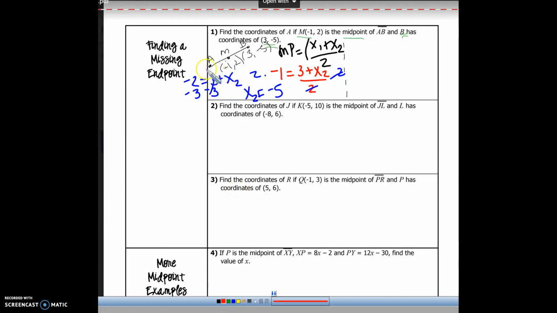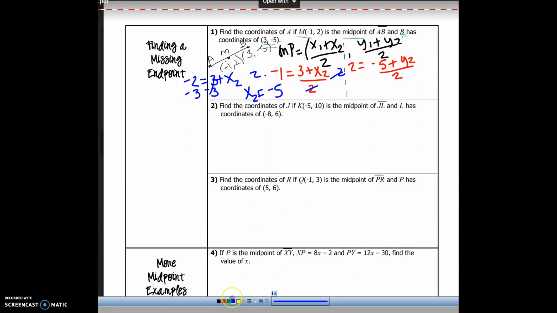I have an x value of a coordinate and I have a y value. I need to find that y value now. So the y value here, we're going to use the same thing, the second part of the formula, which is y1 plus y2 over 2. So now we're going to plug in. What is the y value of my midpoint? 2 equals, y1 is -5 plus, I don't know what y2 is, all over 2.